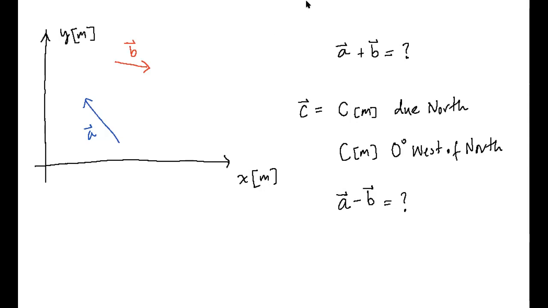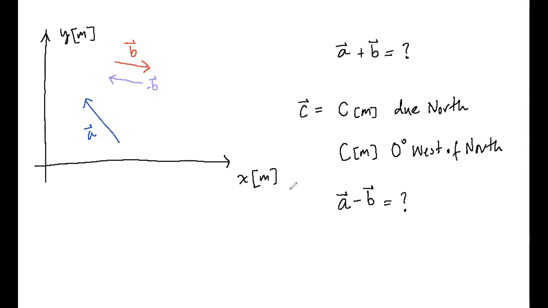So I would draw minus B. That's going to be exactly parallel to B, exactly the same length, but pointing in precisely the opposite direction. So this is what minus B looks like.